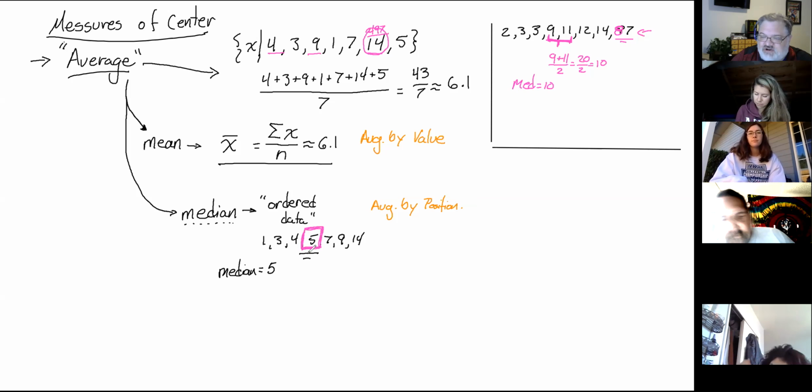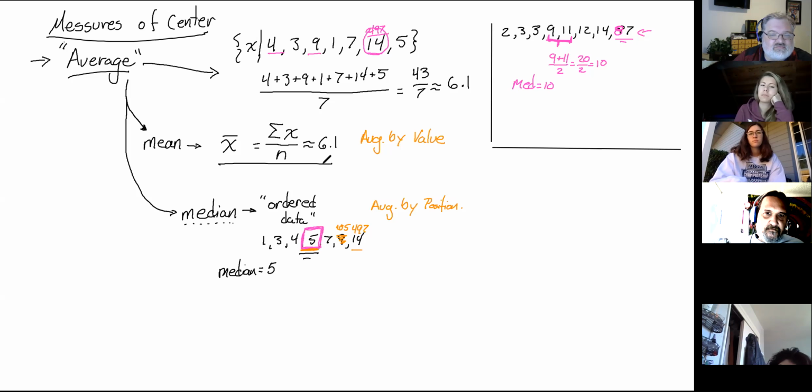It's the center value, it's our average value because of the position that it's in the middle. Notice here, the fact that that 14 is a 14 doesn't affect this 5 at all, except for the fact that it's the last one in our order. If we changed this to that 497, it wouldn't change the median at all. Heck, we could change this 9 to a 105. Doesn't change the median at all. But those changes would certainly affect our mean quite dramatically. Right?